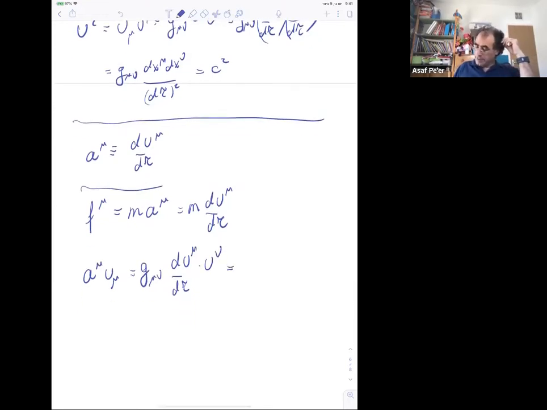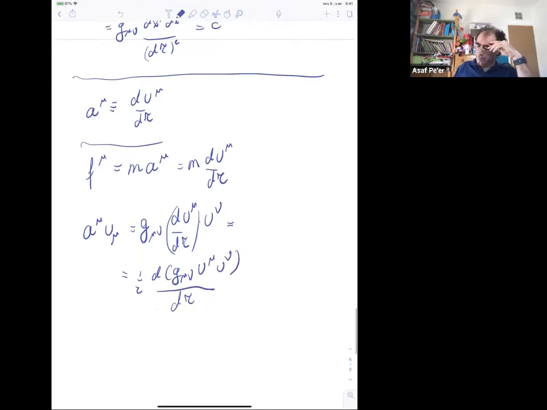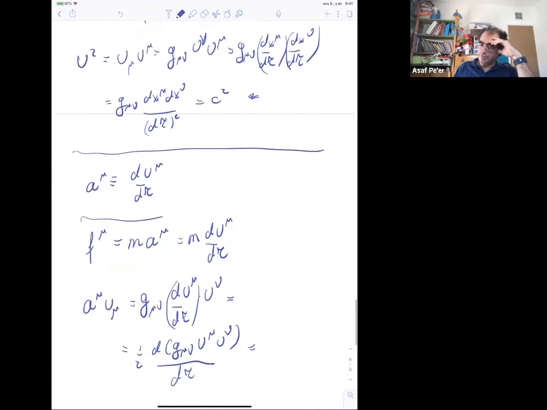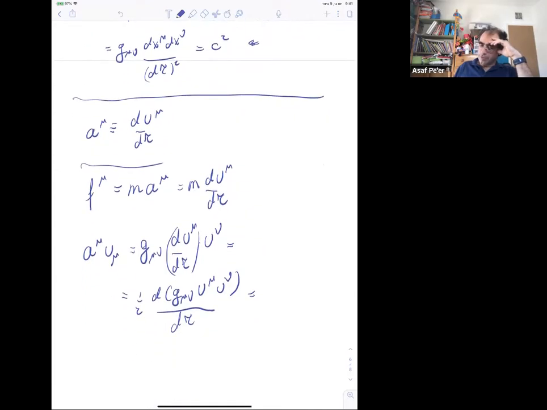But I can write it down simply as 1/2 d(g mu nu u mu u nu) over d tau. But this is just the norm of u, which is just c squared, which is constant. So this is just 1/2 d of c squared over d tau, which is 0, of course.